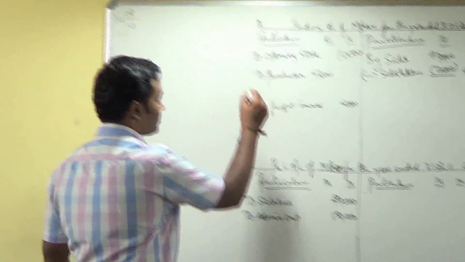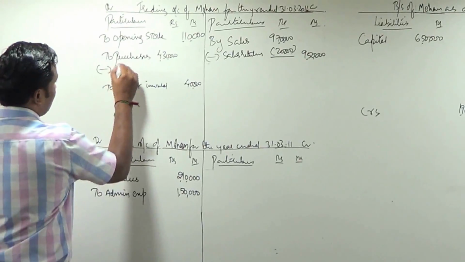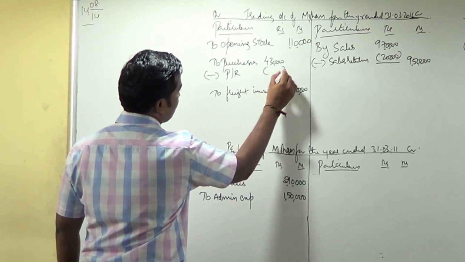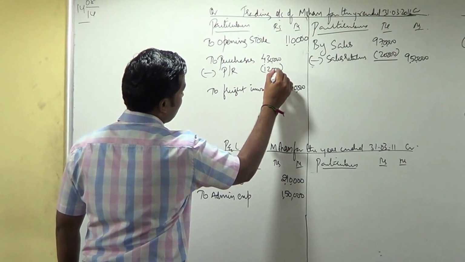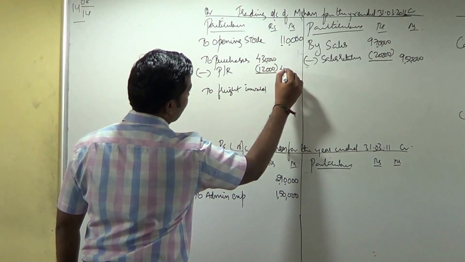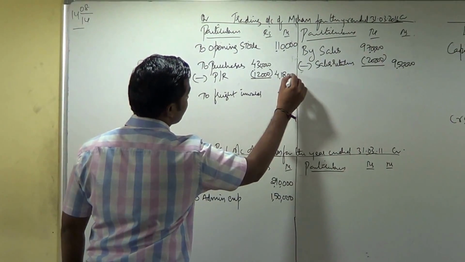Purchase returns, 12,000, credit balance. Where do you show purchases? Trading account. Debit side, purchase returns, how much? Now you show net amount in the outer column, 4,18,000.